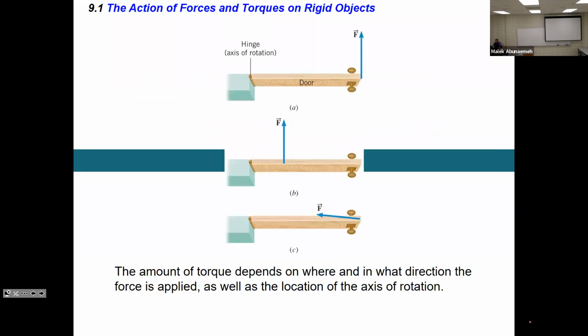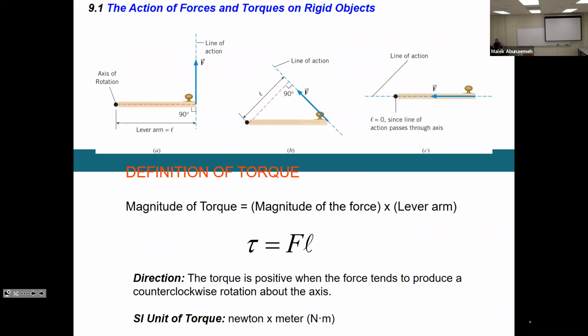So the magnitude of torque is going to equal the magnitude of the force multiplied by the distance to that pivot point, to the axis of rotation. We had it as D, your book has it as L. So force multiplied by the distance, which is Newton times meter, so it's Newton meter.